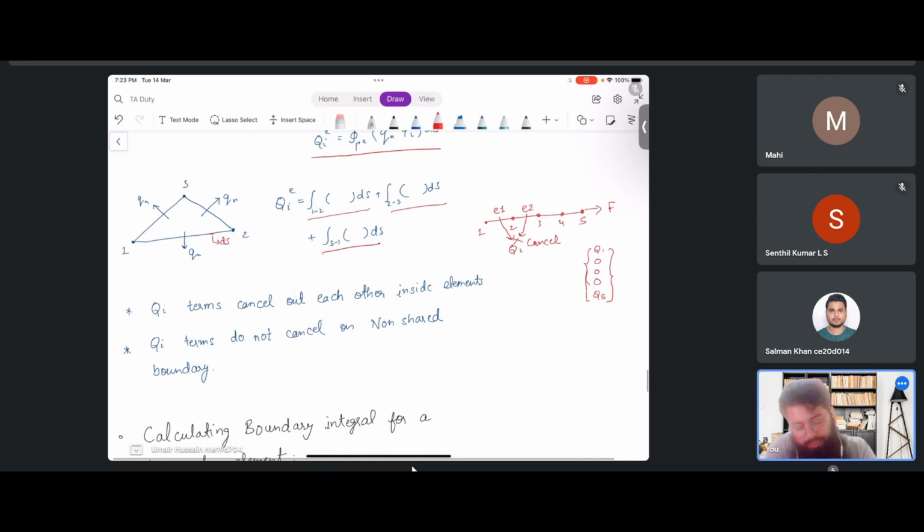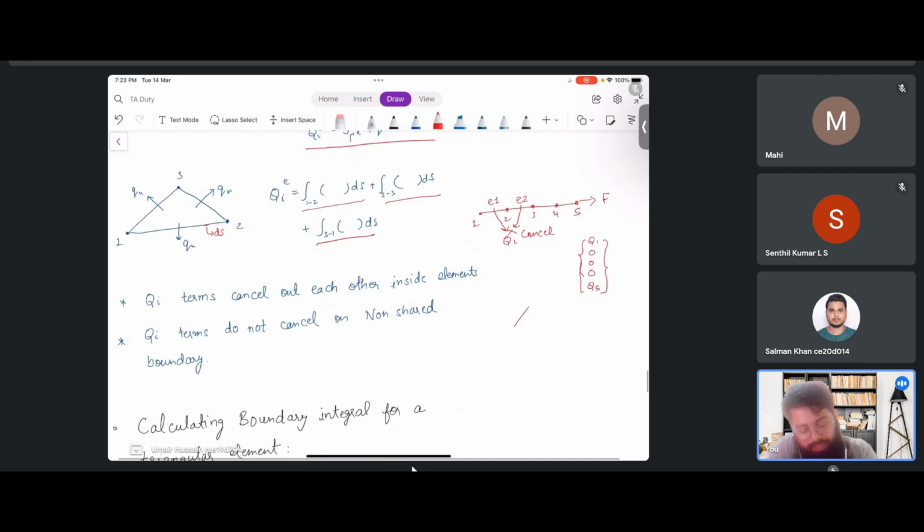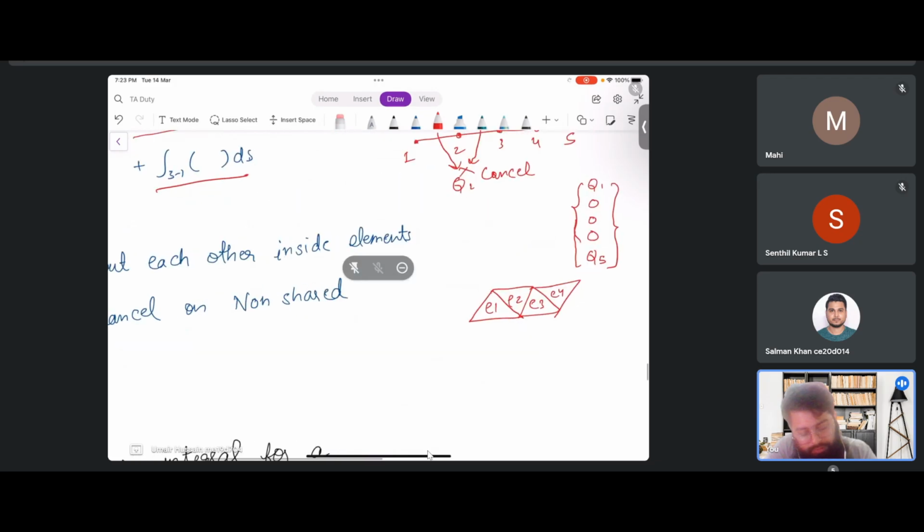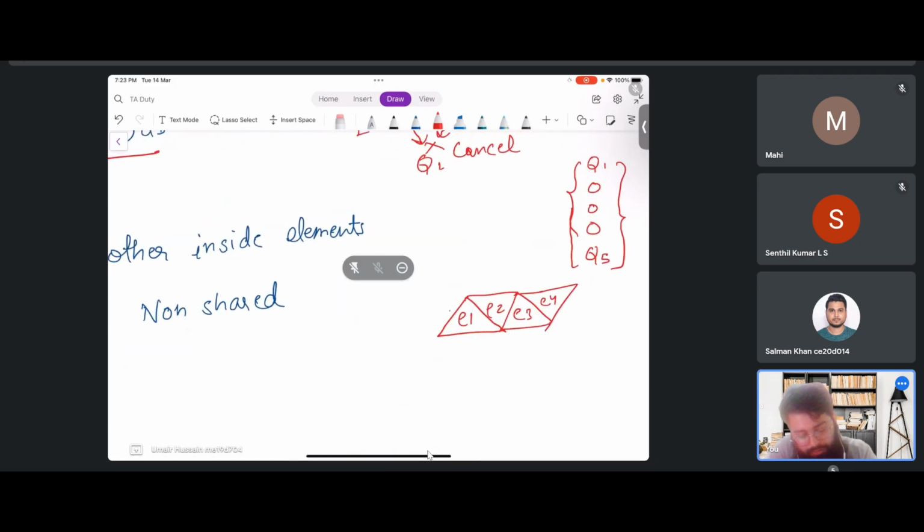Similarly, suppose we have a system of these elements e1, e2, e3, e4. If we want the Q contribution here, it is external, which means it is on the boundary of the domain, and we can have some force.